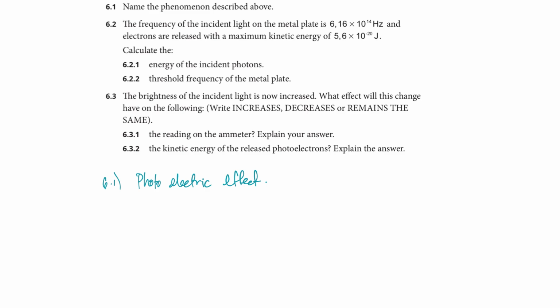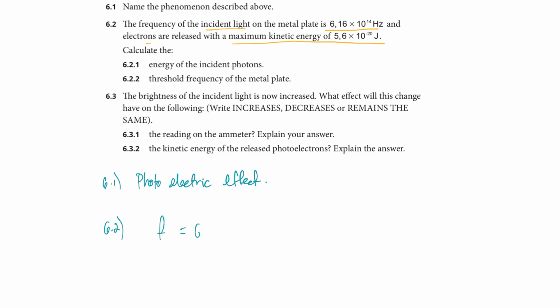Question 6.2 says, the frequency of the incident light on the metal plate is 6.16 times 10 to the power 14 hertz. Electrons are released with a maximum kinetic energy of 5.6 times 10 to the power of negative 20 joules. So for 6.2, I'm just going to write down the information that we know.